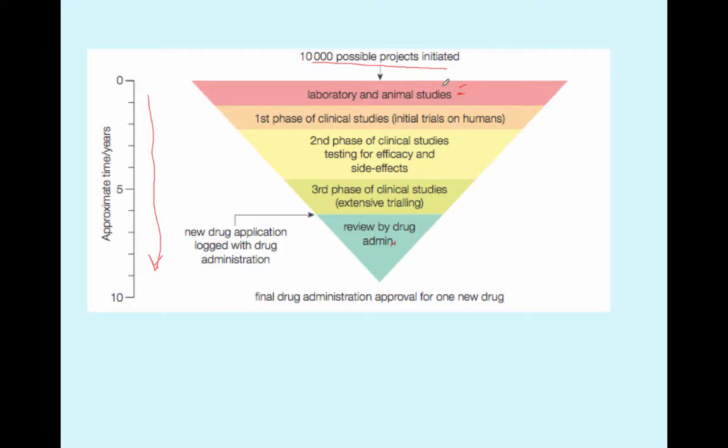So you start off with quite a bit in laboratory and animal studies, and then when you move on to first phase, some drugs have not made the cut. Going into the second phase, again, some trials or some drugs, medicines don't make the cut. Going into third phase, and then finally the review by the Drug Administration is a small number from what you started with.